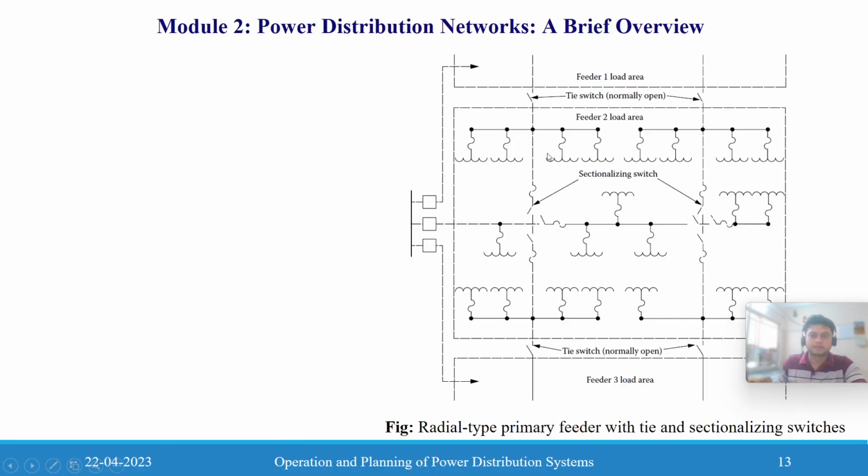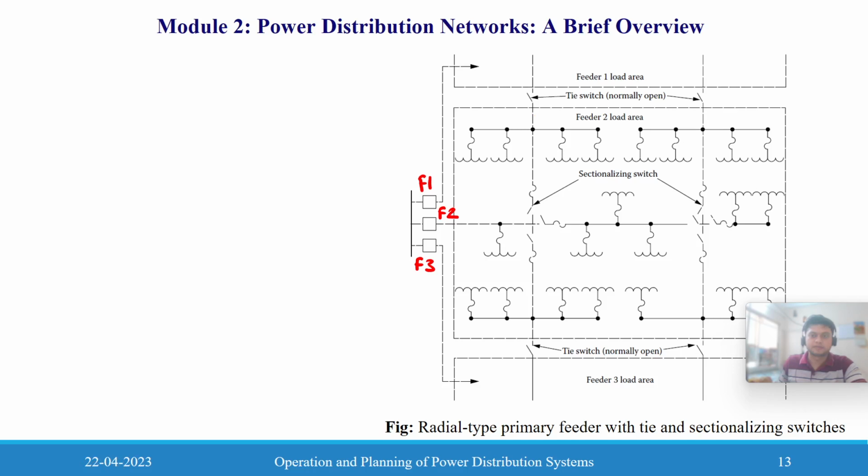Now, if we see the difference between a sectionalizing switch and a tie line switch, we can see that there are different feeders F1, F2, F3. Sectionalizing switches in a particular feeder are used to connect the different sections of that feeder, while the tie switch is used as a connection point between different feeders, and this tie switch remains open.